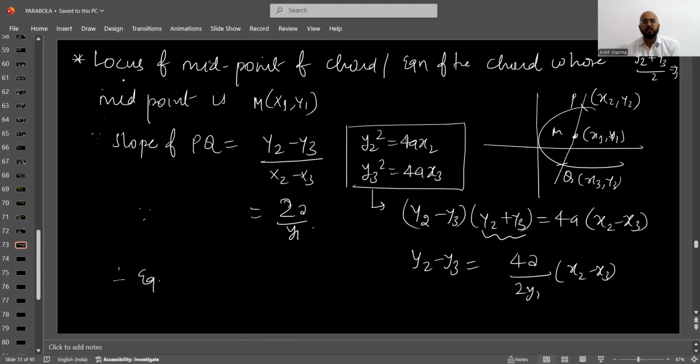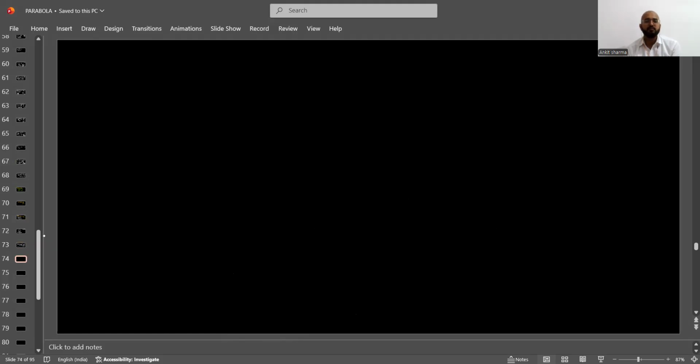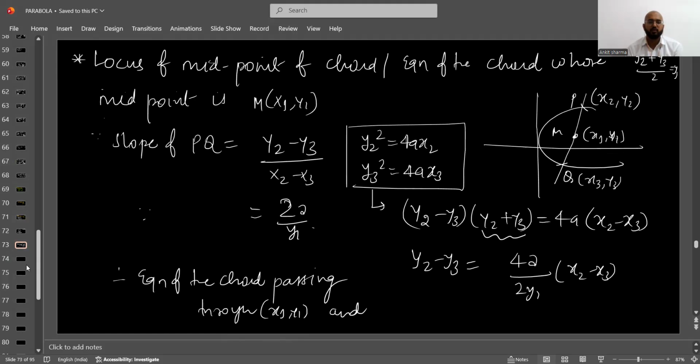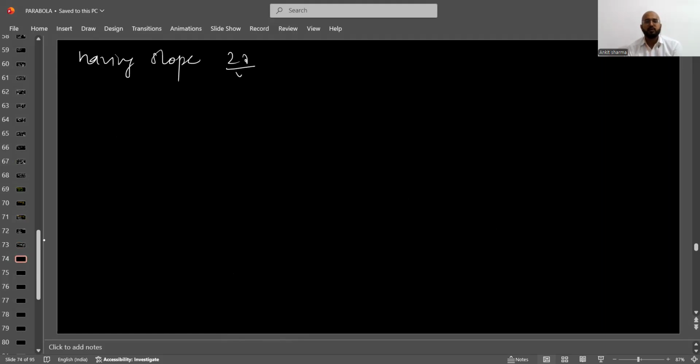So therefore, the equation of the chord passing through x1, y1 and having slope 2a over y1 is, of course, y minus y1 is equal to 2a over y1 into x minus x1.